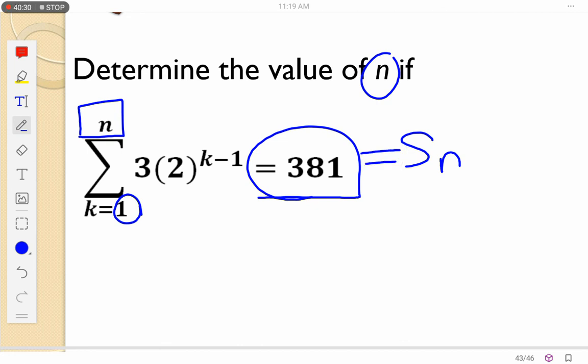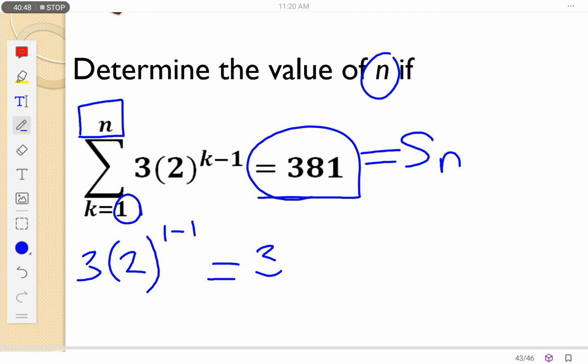Now expanding, the first term that I'll have is 3 times 2 to the power of 1 minus 1, which is 2 to the power of 0, so I'll get a 3.